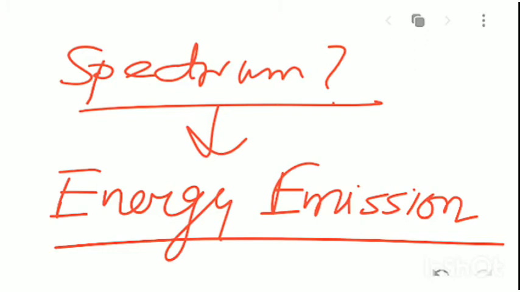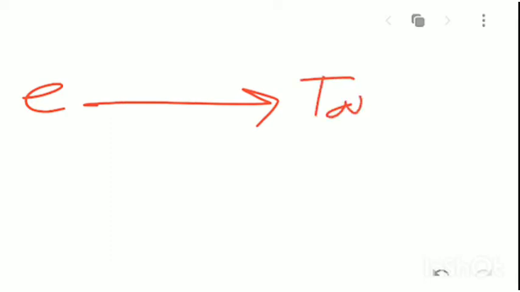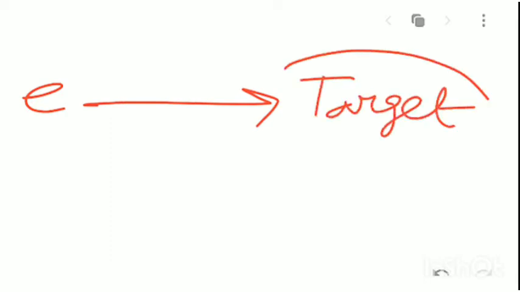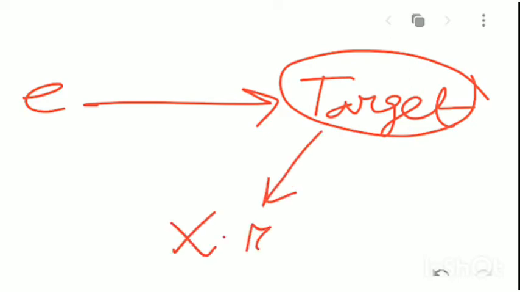Now, we know that in the production of X-rays, the main phenomenon happening is that the electrons strike the target, which gets energized, and later this target emits the energy as X-rays.